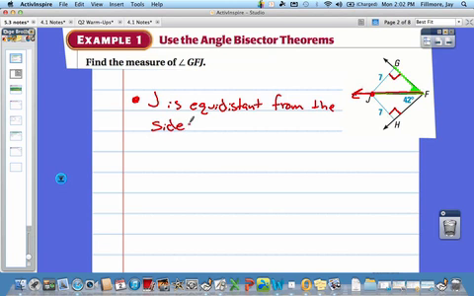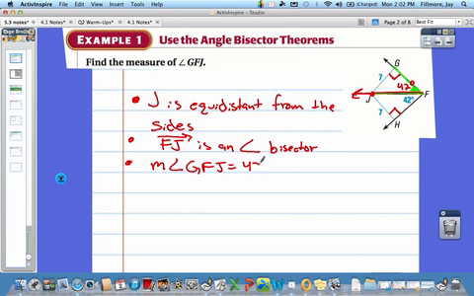That's point 1. Point 2, that allows us to say that since J is on FJ, FJ is an angle bisector. And that means that these two halves are congruent. So this is also 42 degrees. So for our conclusion, we can say the measure of angle GFJ is 42 degrees because it's on the angle bisector.